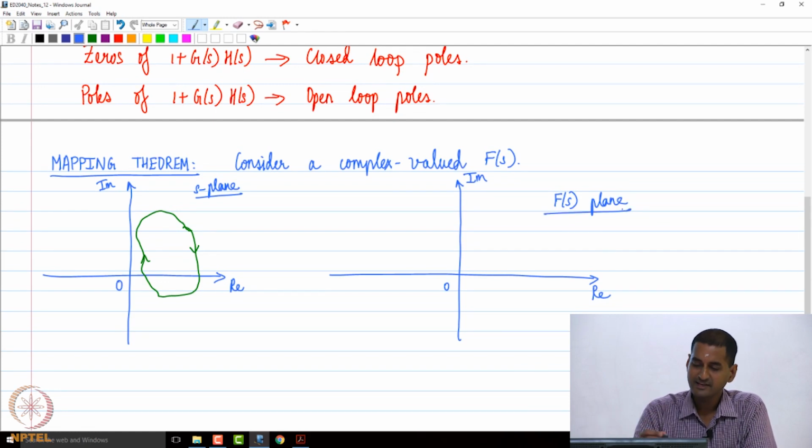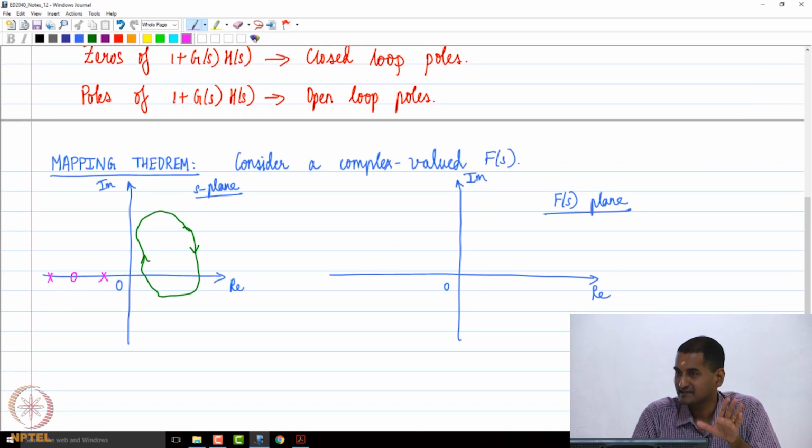okay. So for the sake of argument, let's say F(s) has 2 poles here, and a zero here. If I take this green contour, which I have arbitrarily drawn, what are the values of Z and P? Z should be the number of zeros of F(s) within the contour, and P should be the number of poles of F(s) within the contour.